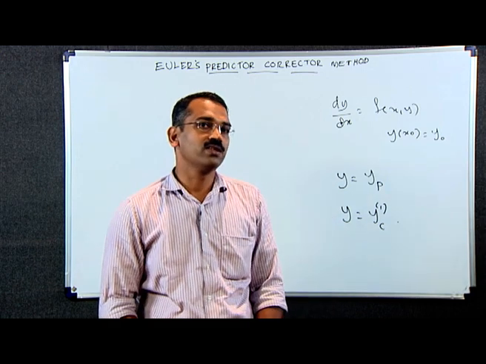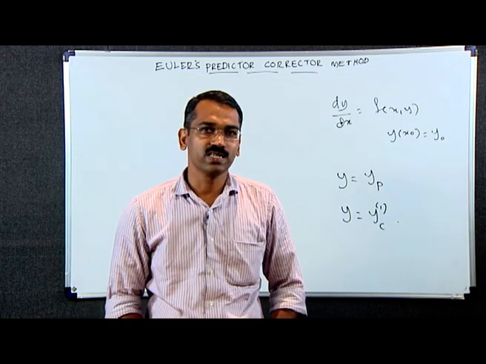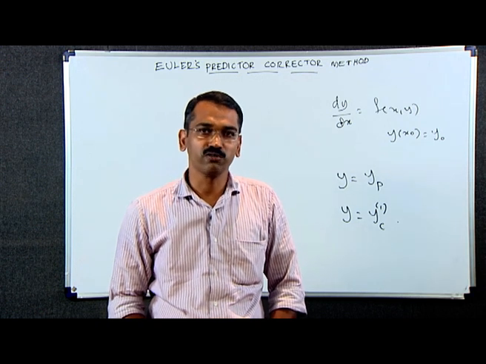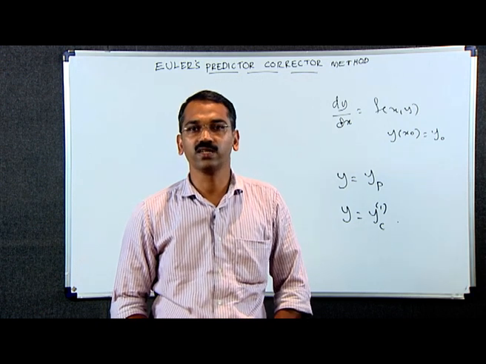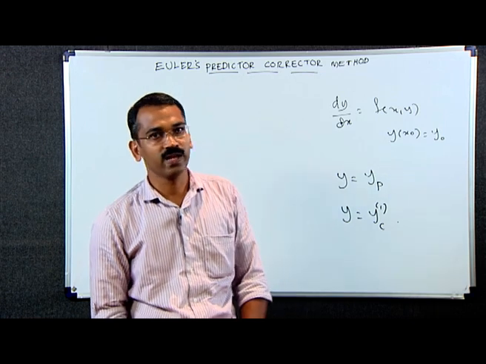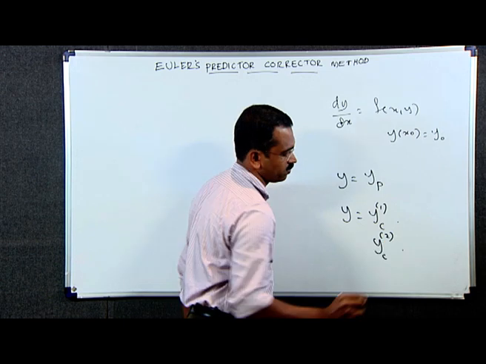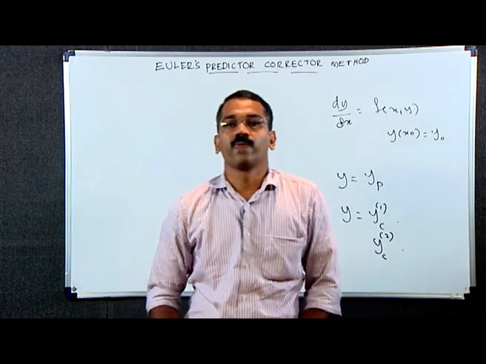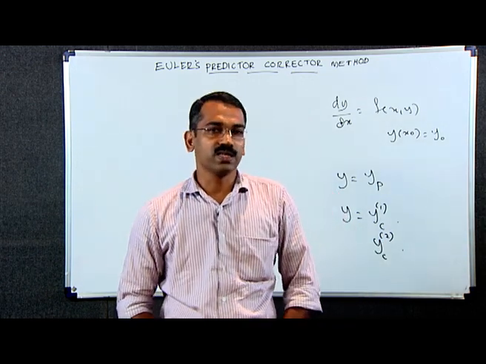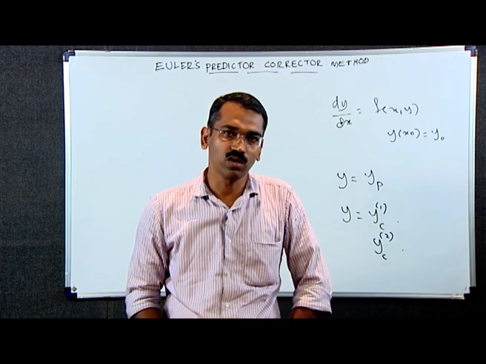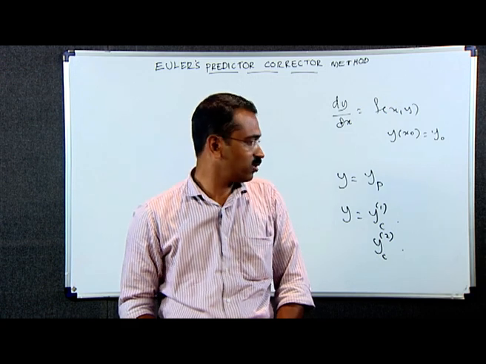If necessary, this value of yc1 is again substituted in the right hand side of the corrector formula to get a still better approximation of y, namely yc2. This process is repeated until the convergence occurs, that is, two consecutive values of y are almost equal.